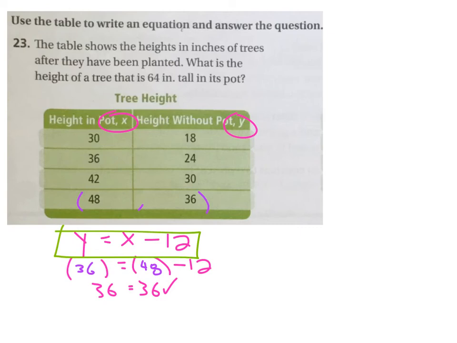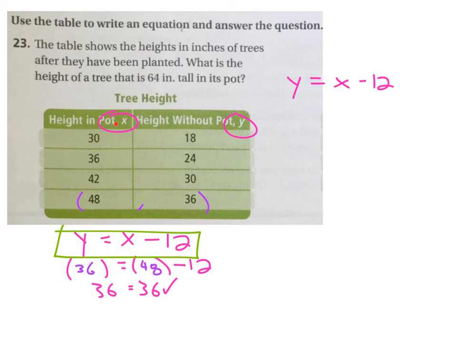Now, if we know that that's the general equation, because they say write an equation and answer the question, so we have y equals x minus 12. And they're saying, what is the height of a tree that is 64 inches tall in its pot? Height in pot, that's x.